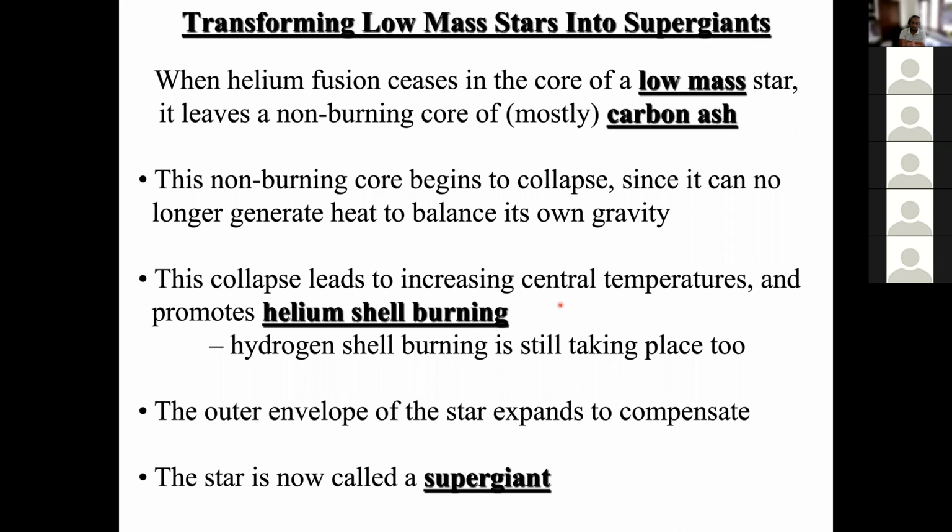When the central region temperature increases, it will affect this helium shell, and once it comes up to a certain temperature, the helium shell will start to burn, right? And at the same time, you have a hydrogen shell in the outer region as well, which will also keep burning, right?